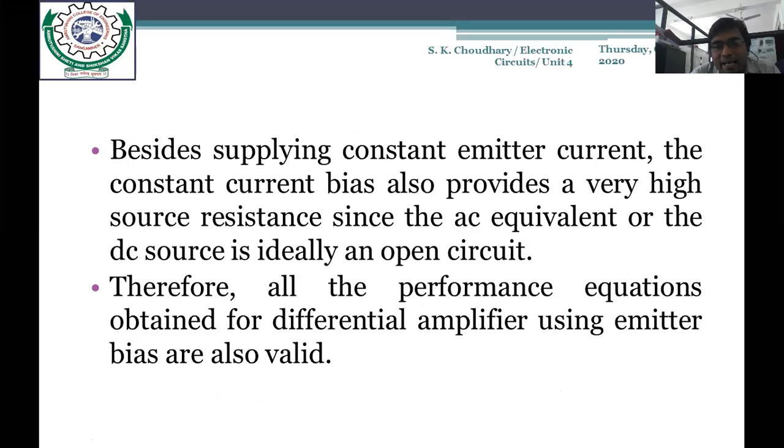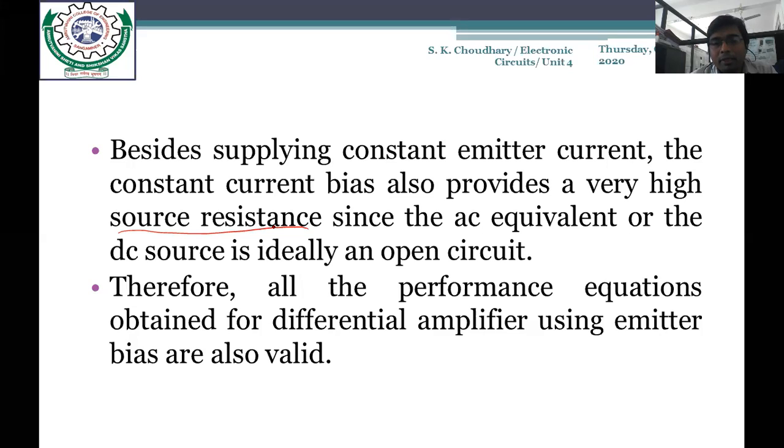Besides supplying constant emitter current, the constant current bias also provides very high source resistance. This is also one of its advantages. Therefore, all the performance equations obtained for the differential amplifier using emitter bias are also valid.